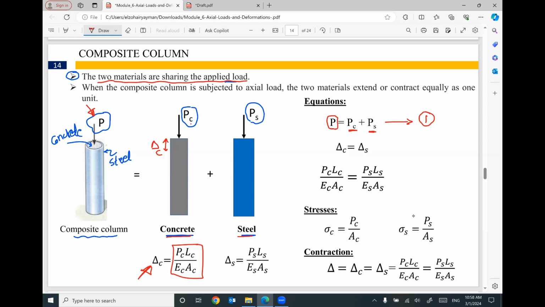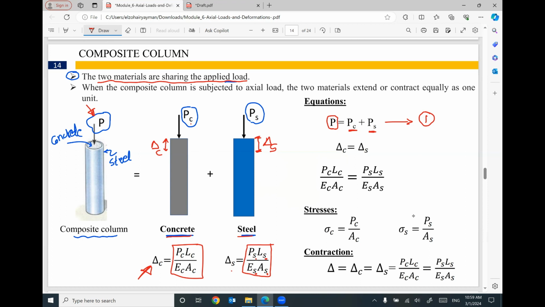That makes sense? The part supported by steel will cause contraction, axial deformation in steel, delta S. This delta S will equal PL divided by AE for steel: P for steel, L for steel, E for steel, area for steel.